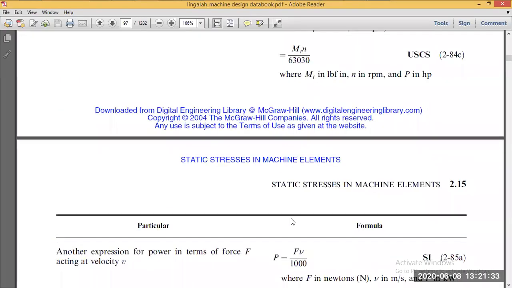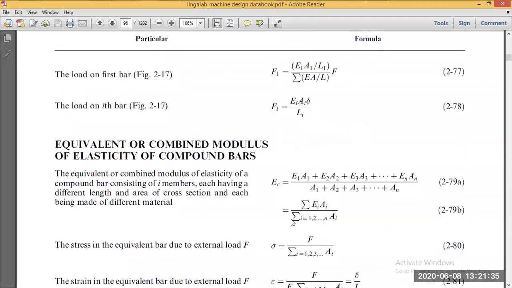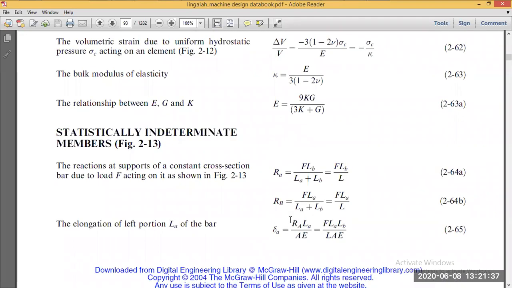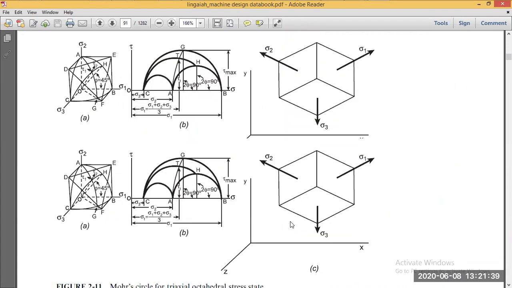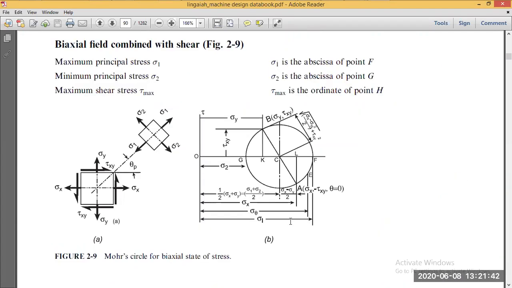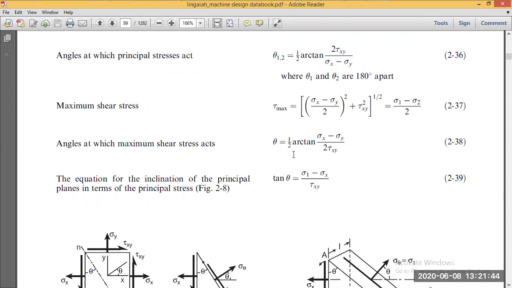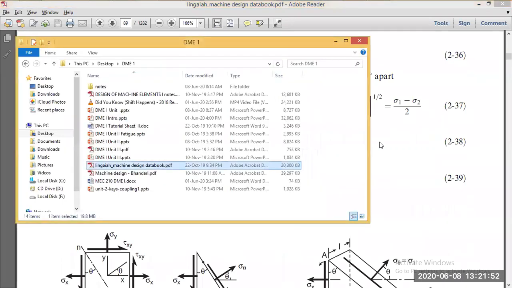This is 25.38. Let me just check that. Yeah, it's here, 25.38. This is the equation, right? So we'll use this. So no change there. Only the numerator and denominator are different.